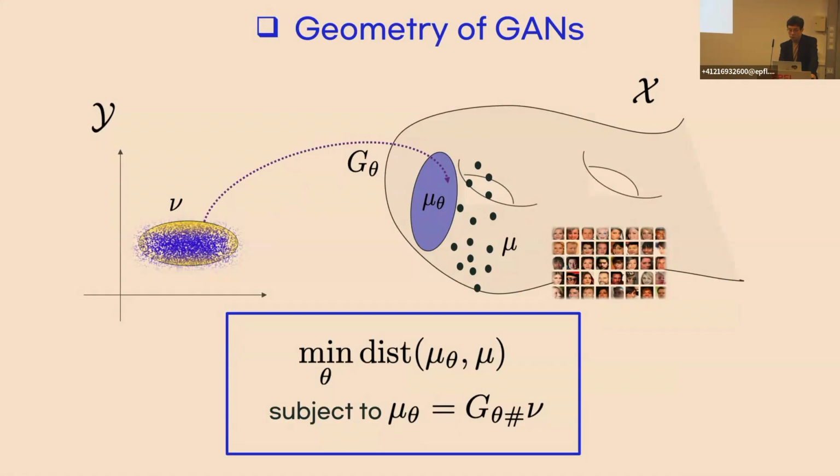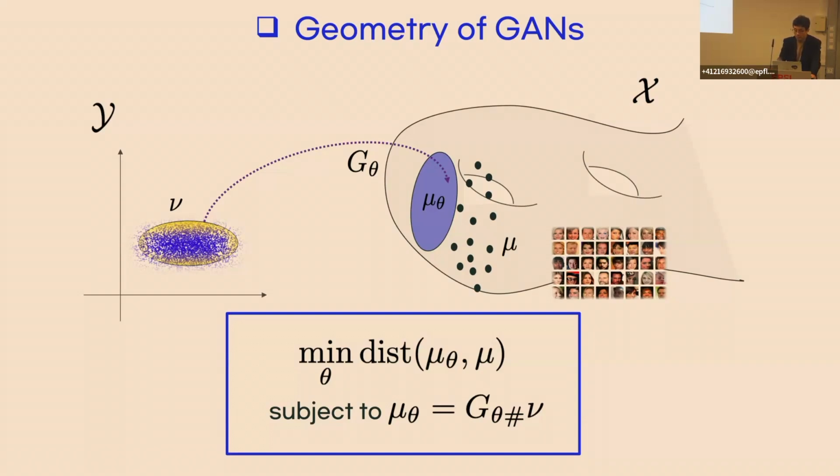The goal is to transport this probability measure using G theta, such that the distance between the transported measure and the empirical probability distribution is minimized. In fact, the minimization of the statistical distance is usually done using a dual formulation that introduces a discriminator. And this is what happens in the GAN type of algorithm.